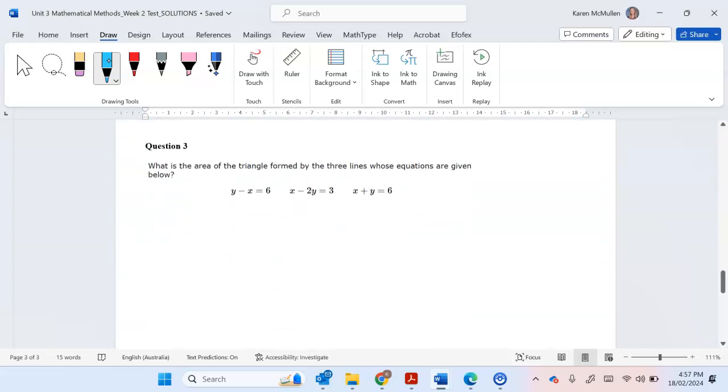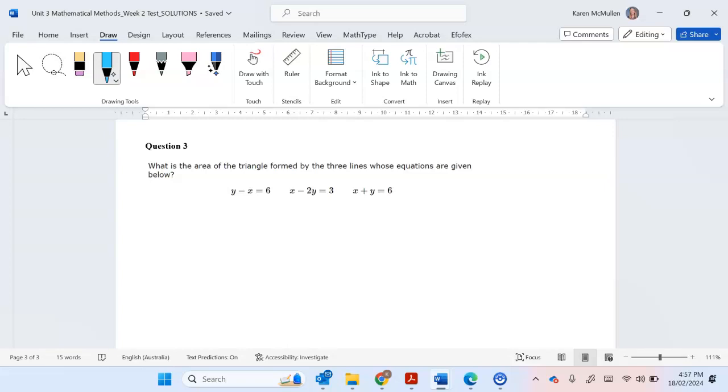All right, question number 3. So this sort of question would be maybe on a SAC because you've got the time to do it. But not on an exam. If it was on an exam, it would be broken up into parts.